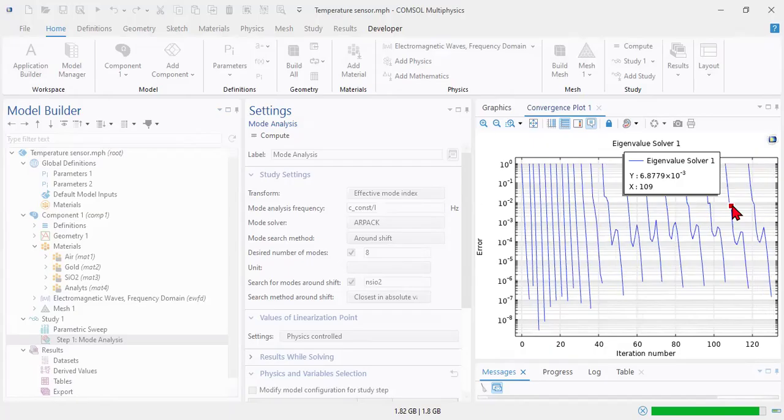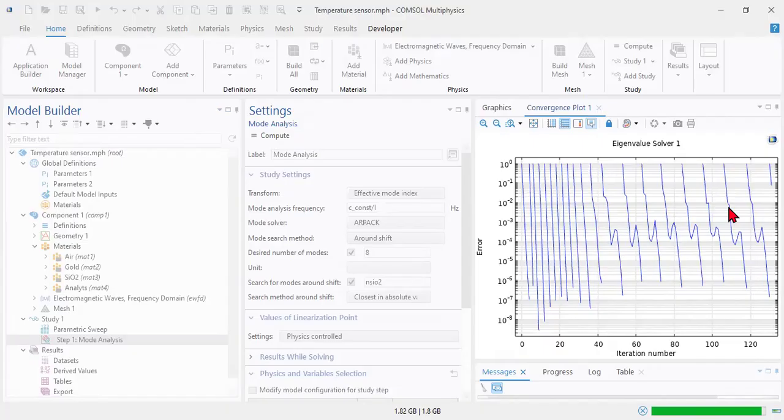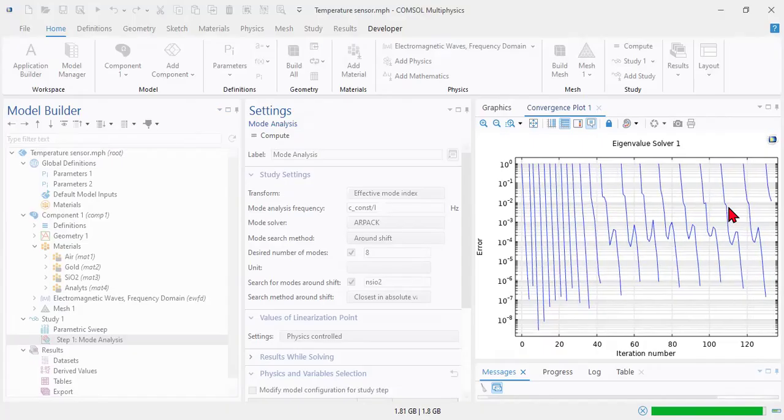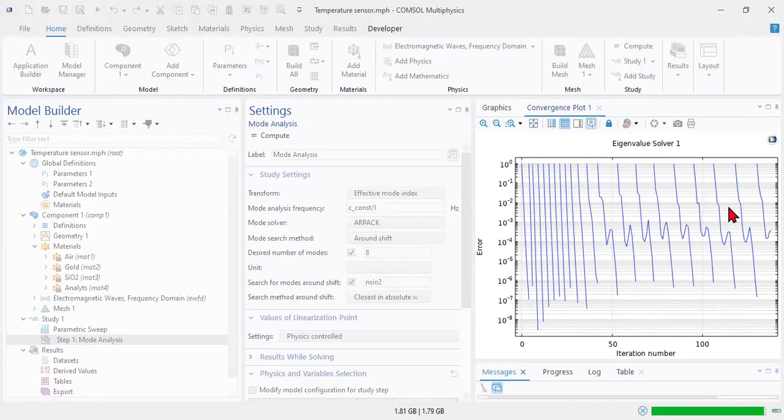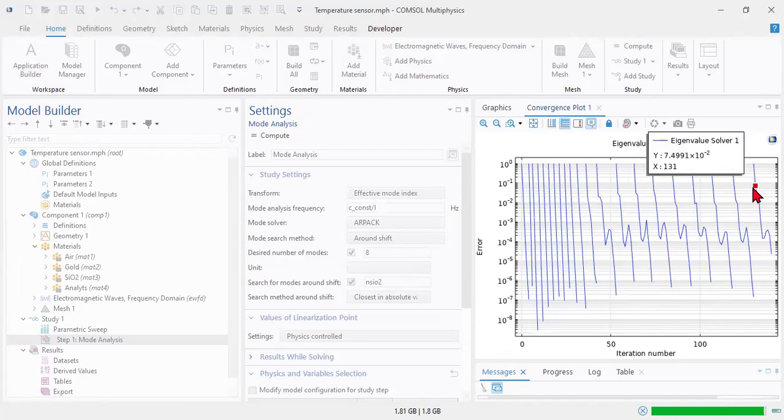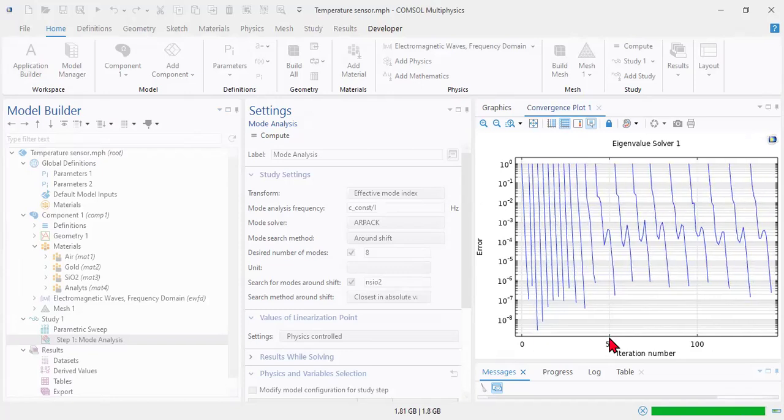That means your solver cannot solve the problem, or you may have messed up the material properties, the physics, or the mesh. You have to find out where you messed up, then your solver will work perfectly. So yeah, it's almost done.